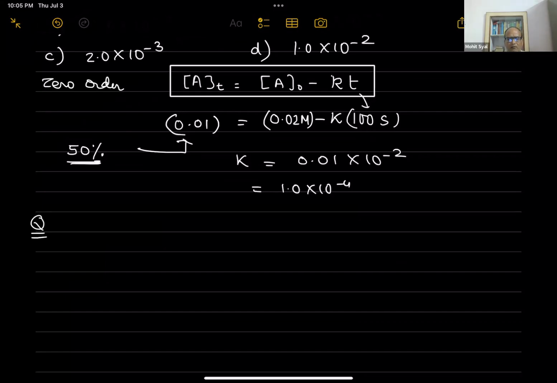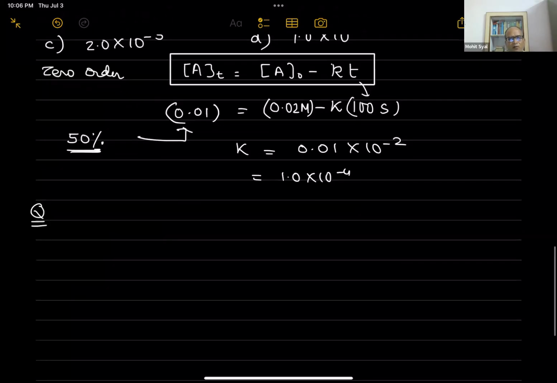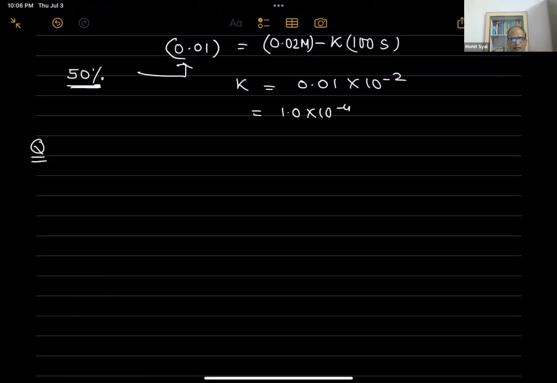So you are not going to derive it, just remember it for zero order at least. Zero and first, they are the most important, these two. So this is for the first order reaction.